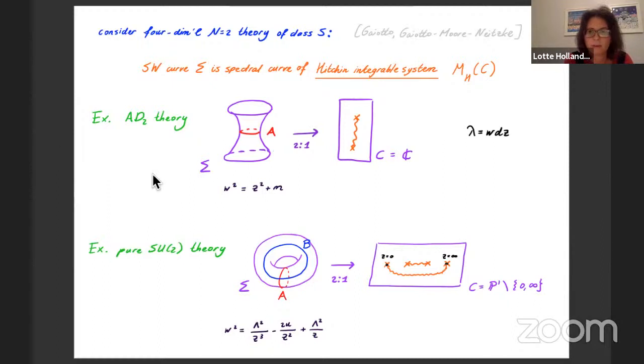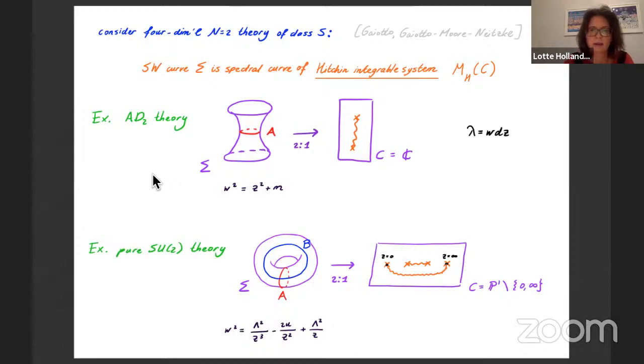The first example is maybe the simplest example of a four-dimensional theory. It's sometimes called the A1 theory. It doesn't contain any gauge-theoretic degrees of freedom, but it is merely a theory of a free massive hypermultiplet field.